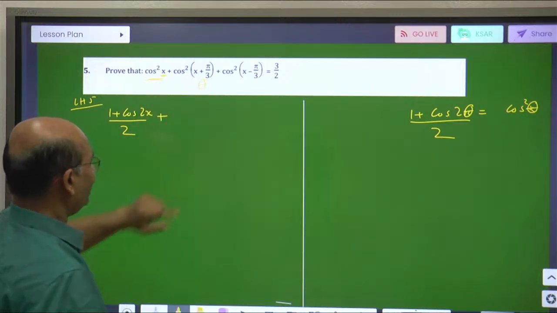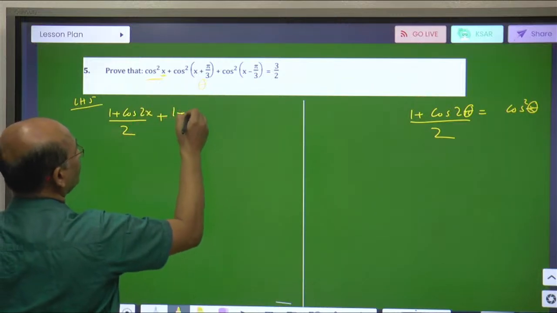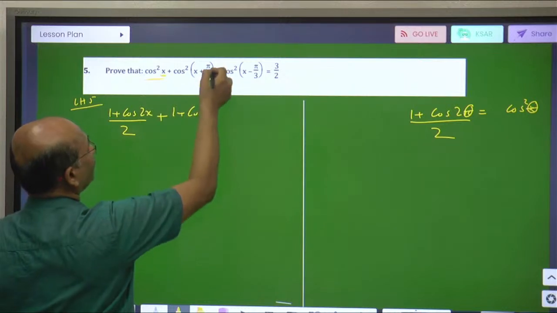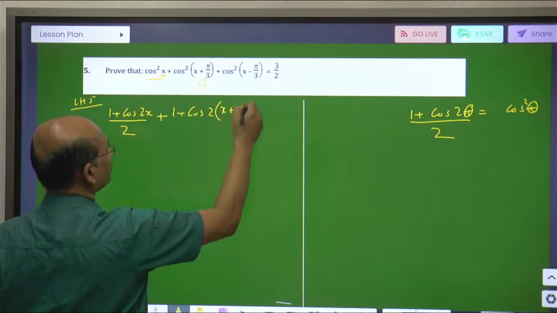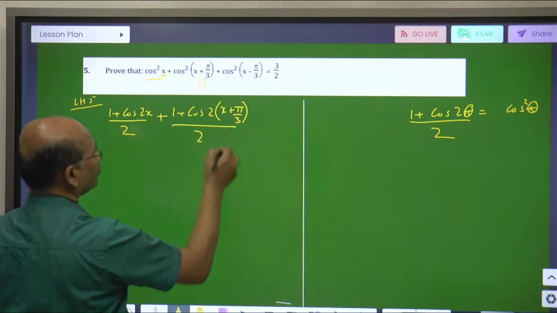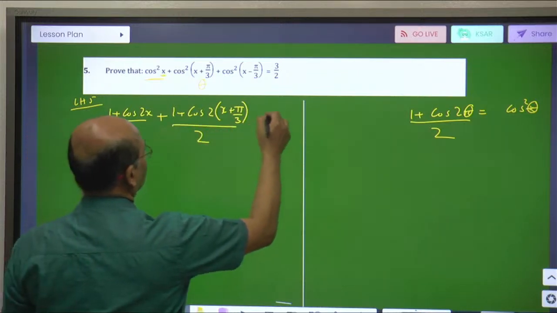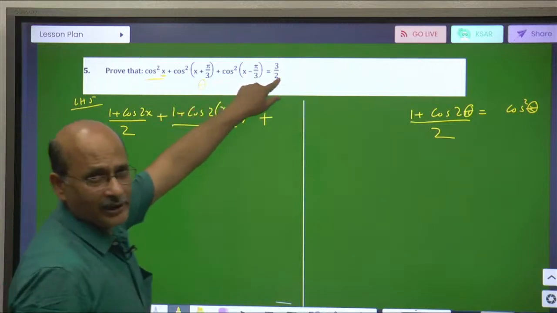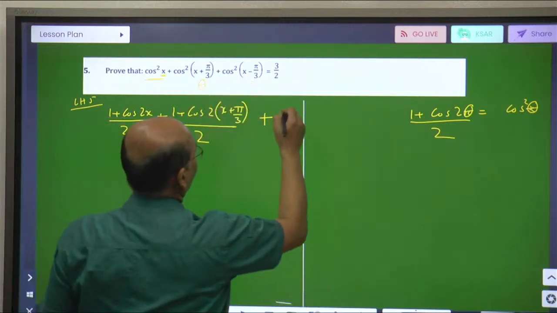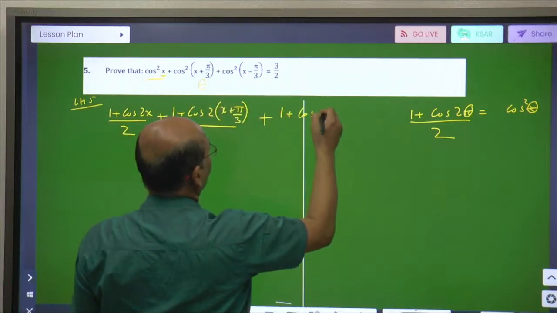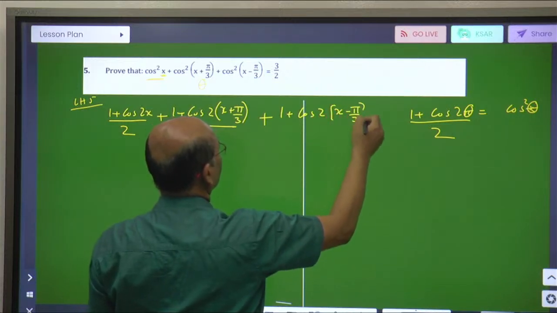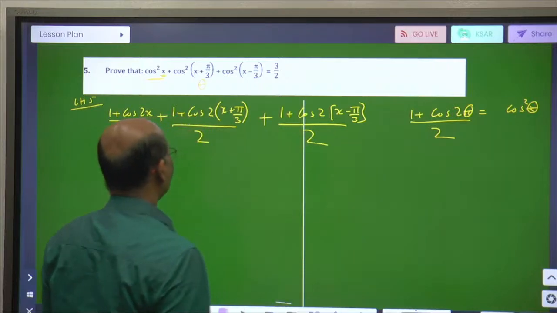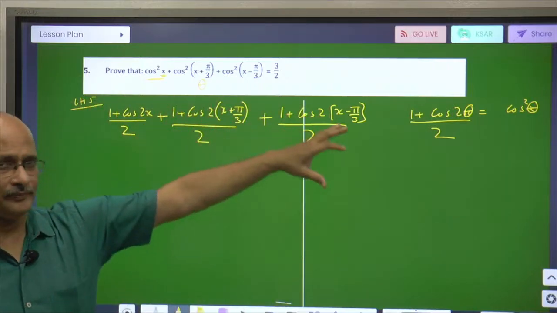So cos square theta, same formula, 1 plus cos 2 theta, where theta is x plus pi by 3, upon 2, plus cos square theta again, 1 plus cos 2 into theta, upon 2. This is my LHS which I got over here.